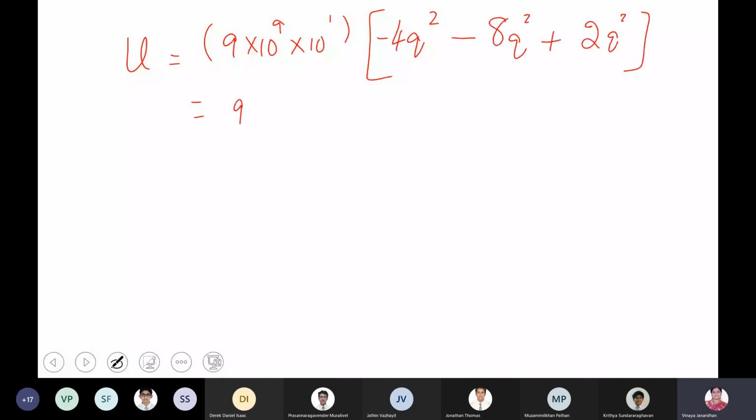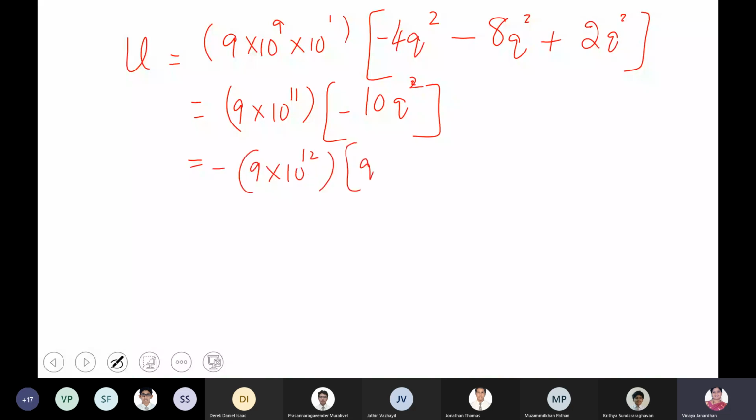So this is 9 × 10 to the power of 11 into minus 10Q squared, so I can take this as 9 × 10 to the power of 12, with a negative sign into Q squared. The value of Q is 1.6 × 10 to the power of minus 10, the whole square. So this becomes 9 × 10 to the power of 12, and 1.6 the whole square is 2.5 × 10 to the power of minus 20.